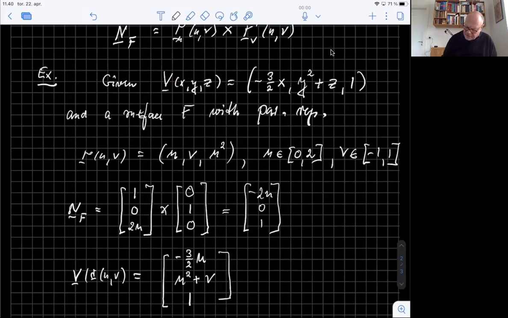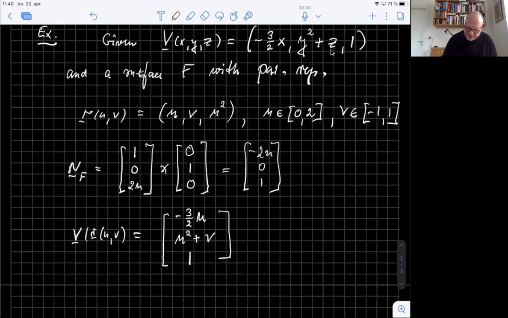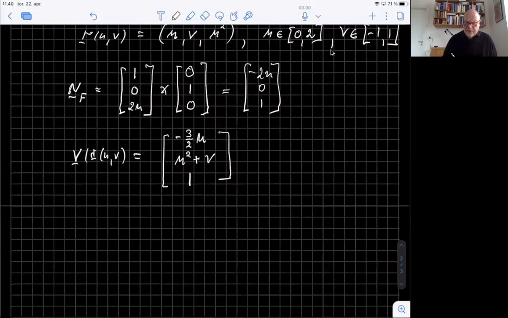So now you have the ingredients that you need in order to write down the flux.